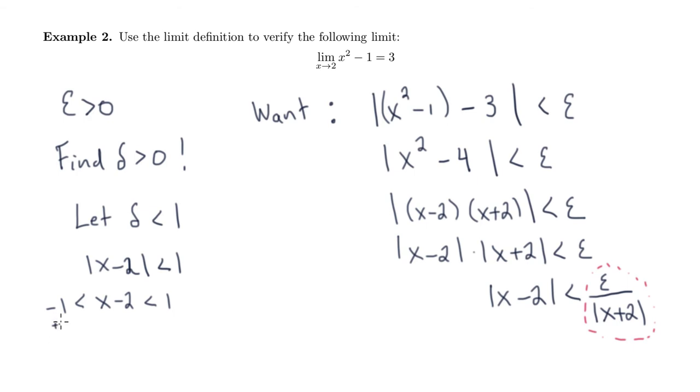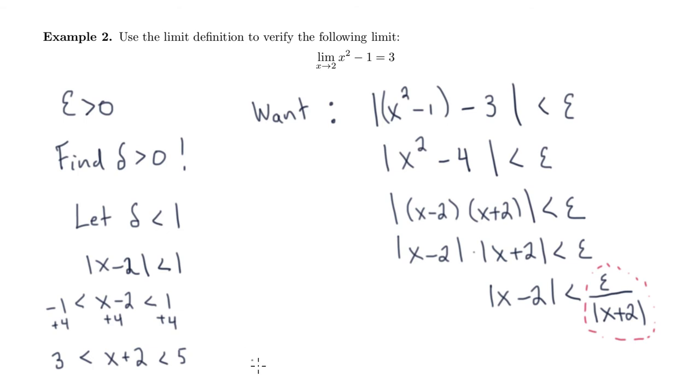So plus 4, plus 4, plus 4. And why did I do that? Because now I have something about x plus 2. So x plus 2, if delta is less than 1, has to live between 3 and 5.